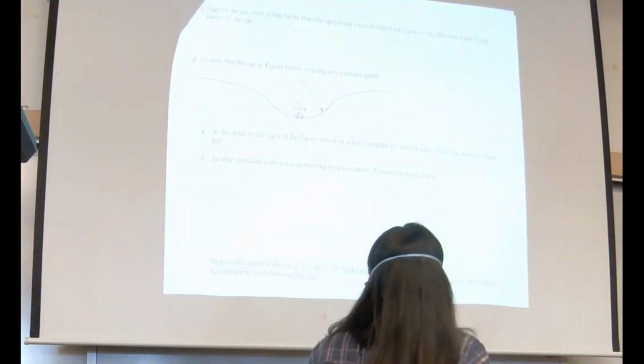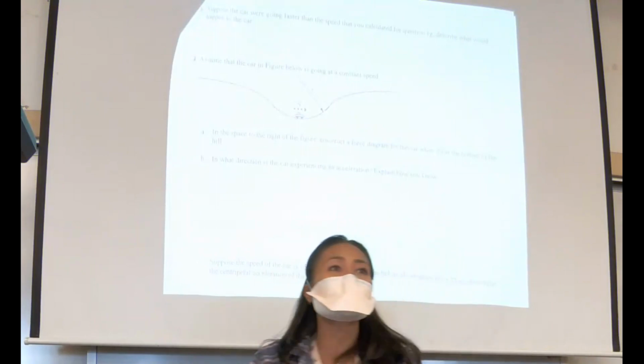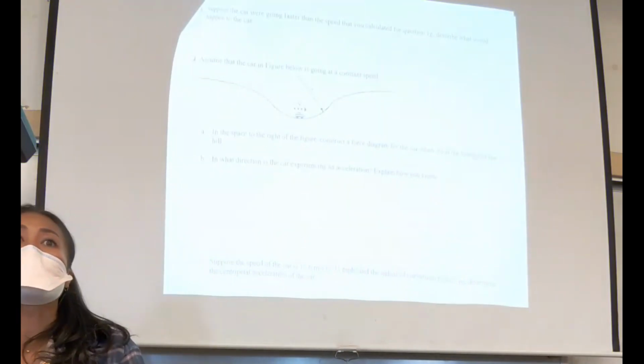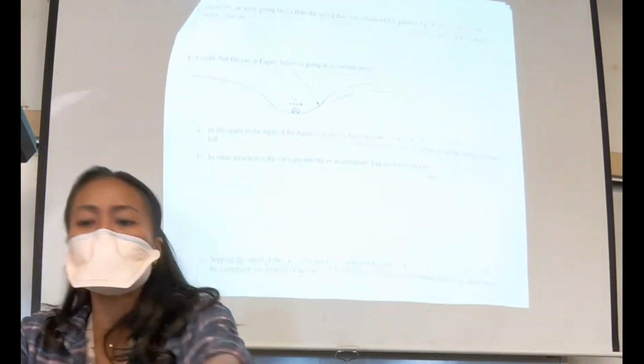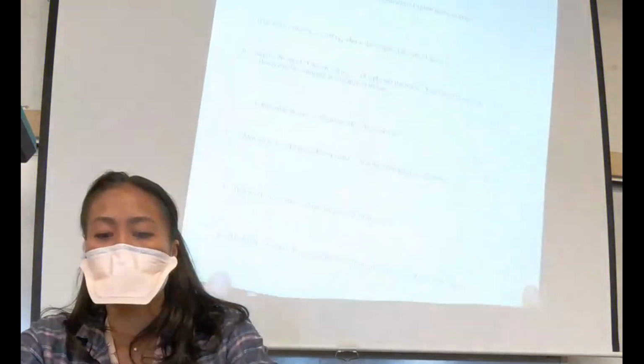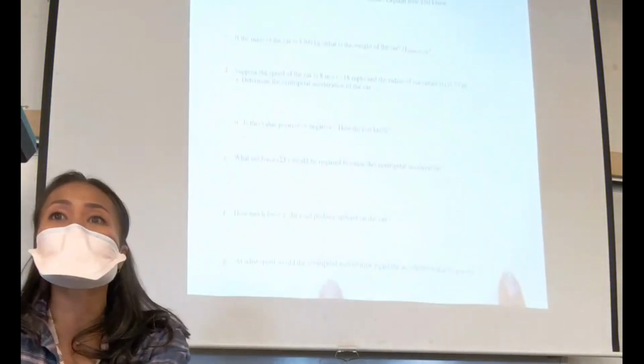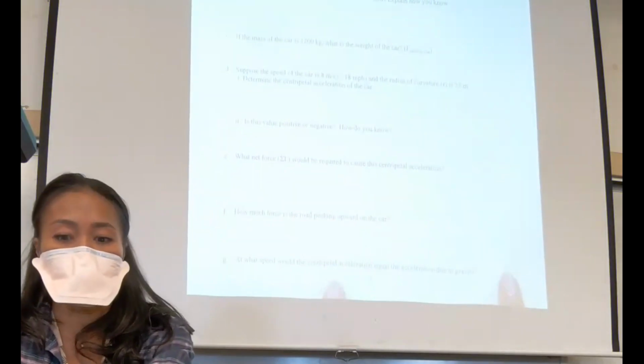It talks about, suppose the car were going faster than the speed you calculated for 1g. So the speed we calculated for 1g, really quickly, is assuming that the centripetal acceleration equals the acceleration due to gravity.